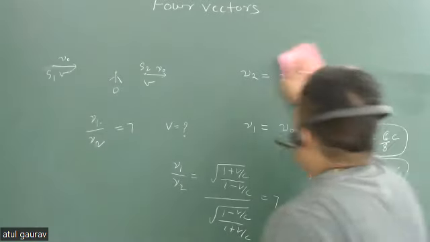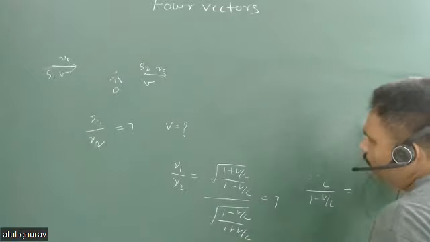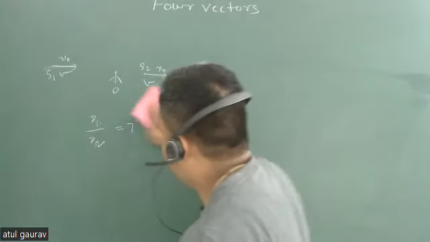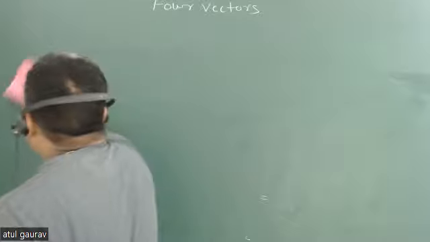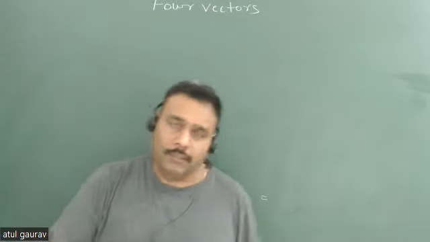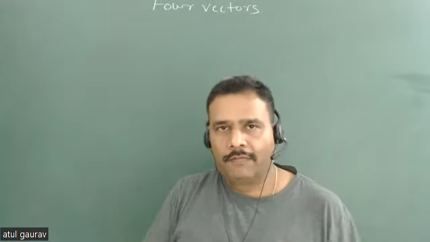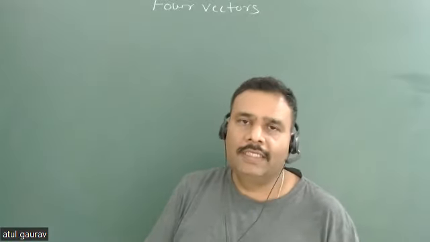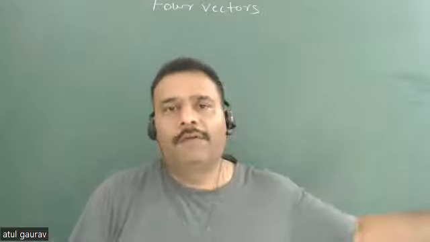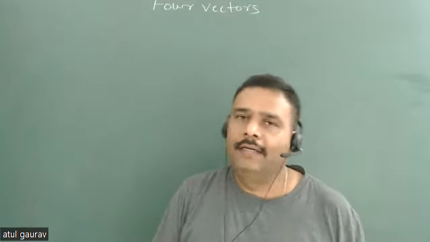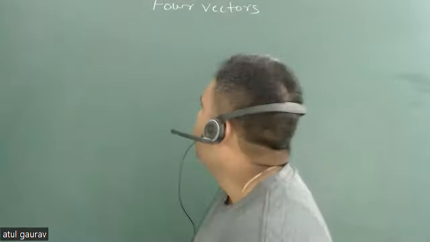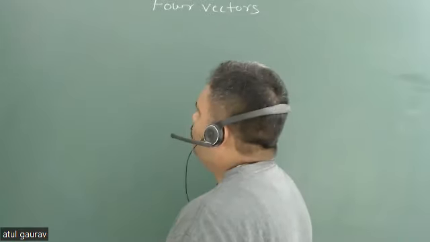Obviously, you always have to take care: when the source is approaching the observer, the observer will find a higher frequency, and if the source is receding from the observer, he will find a lower frequency. So this is a wonderful problem.